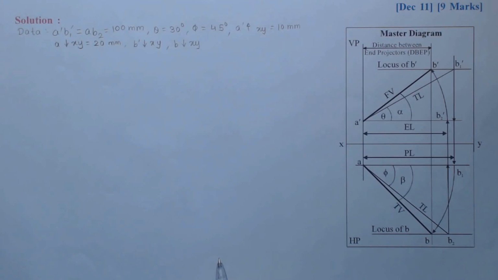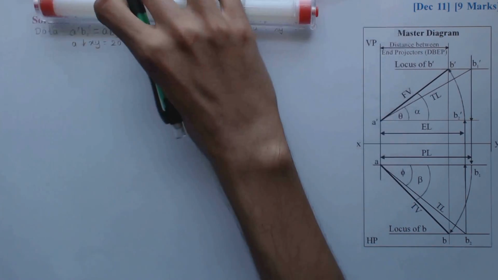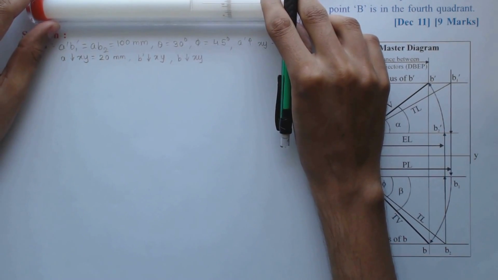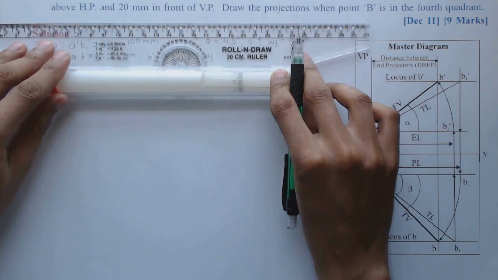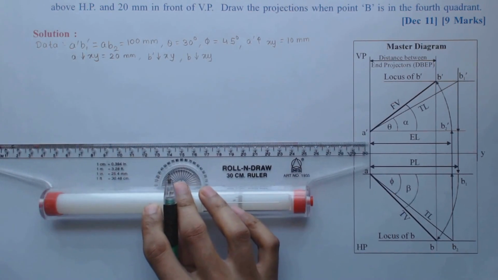So now starting with the XY line. So first I need to draw a reference line. Now I need to see the space utilization.